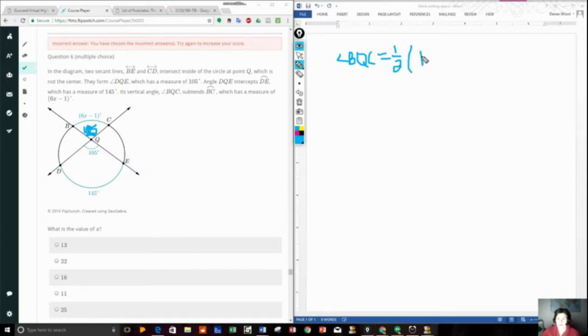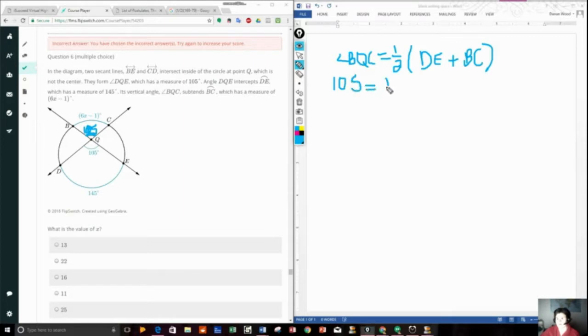So we're going to have 1/2 of arc DE plus the measure of arc BC. So now we're going to use substitution. So angle BQC, like we said, is its vertical angle, so we know that that value is 105.